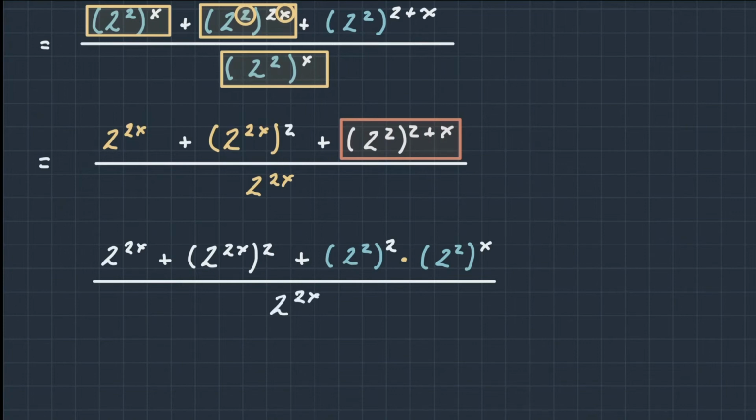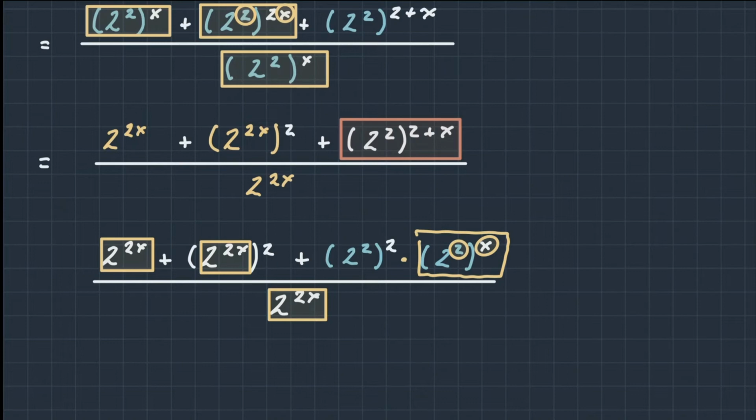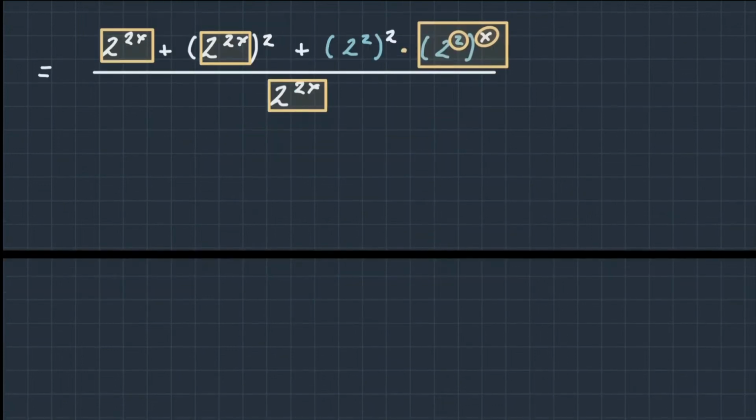And look out, we now have a common factor of 2 to the 2x for each term in the numerator that matches that factor of 2 to the 2x in the denominator. Now that last factor in the third term there, that actually is 2 to the power of 2x after using a power of a power law. And in fact, that's probably a good indication to slow it down a little bit and just highlight each factor of 2 to the 2x in blue.